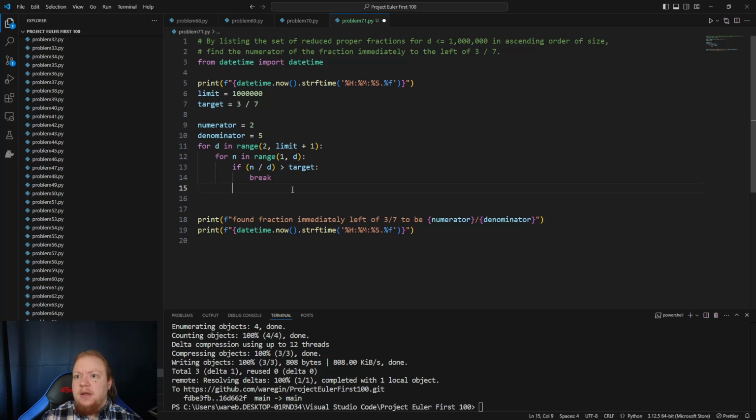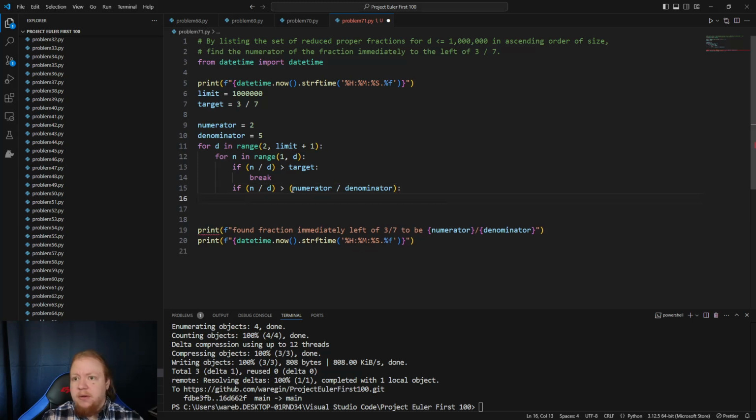Otherwise, if it's greater than numerator over denominator, then we have to check whether it is a reduced proper fraction.